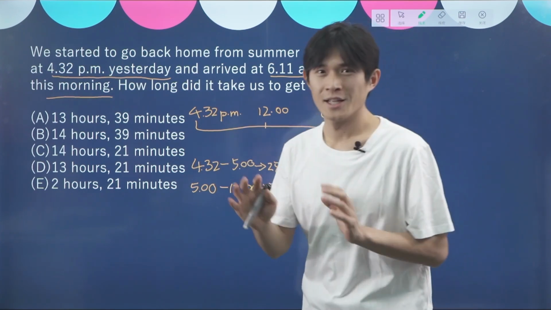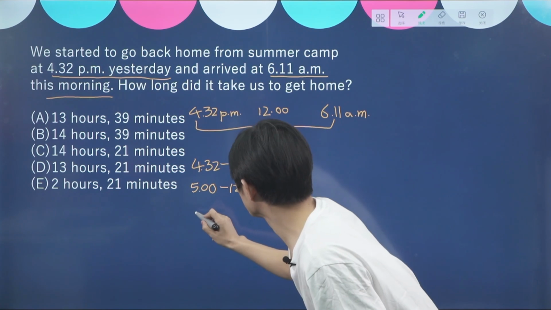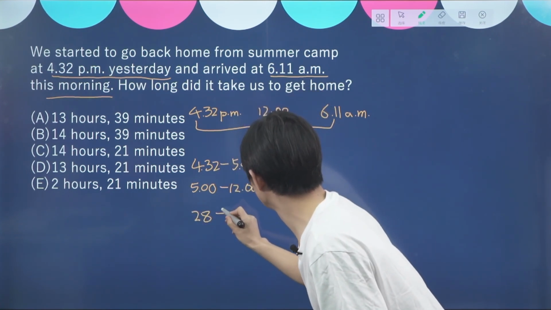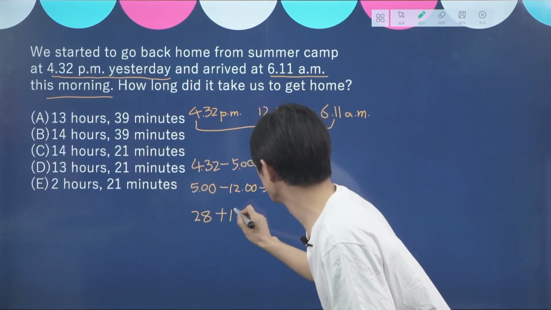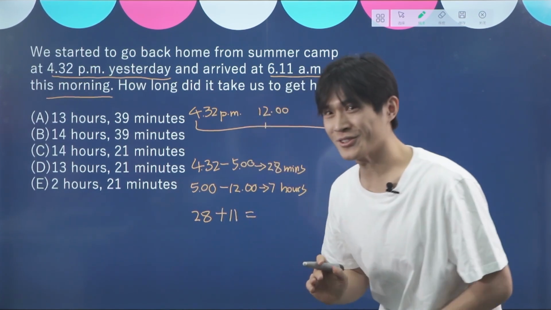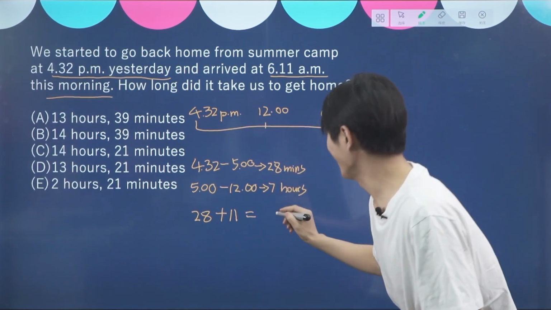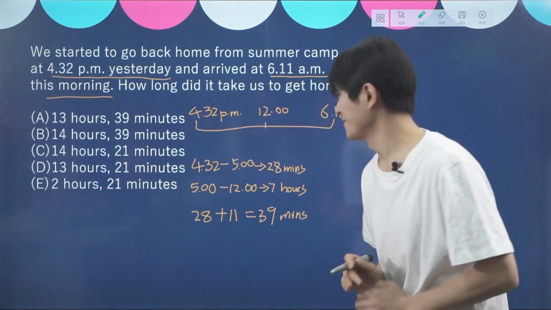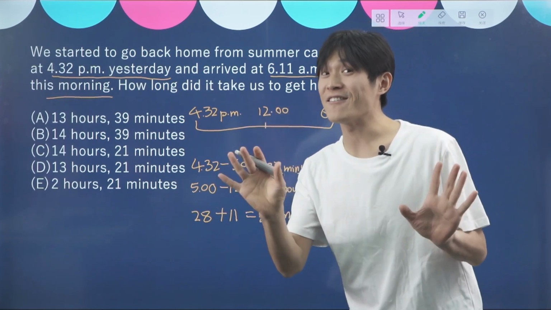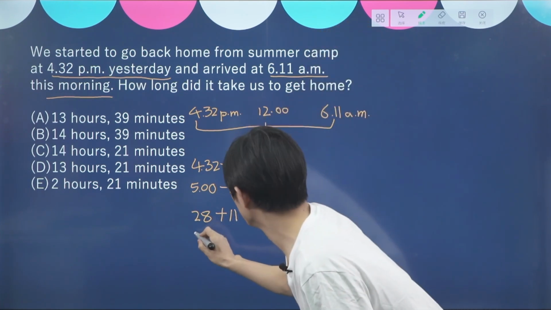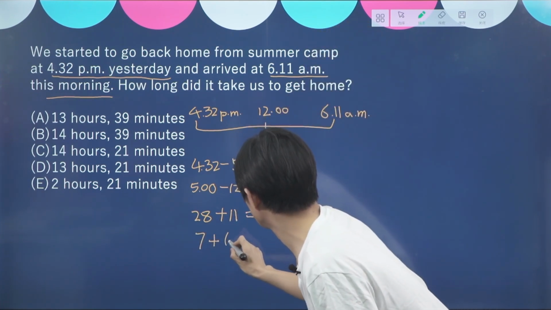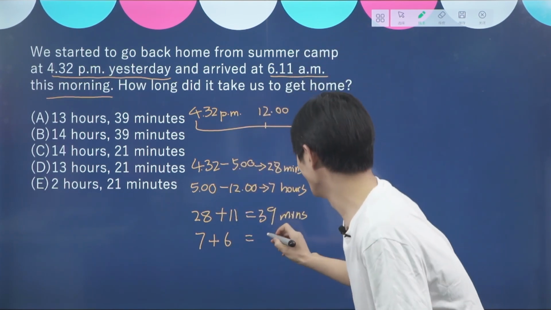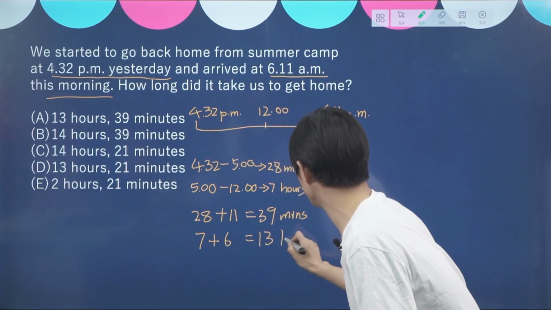Here we go. 28 minutes plus 11 minutes equals 39. 39 minutes. And then 7 plus 6 equals 13. So 13 hours.